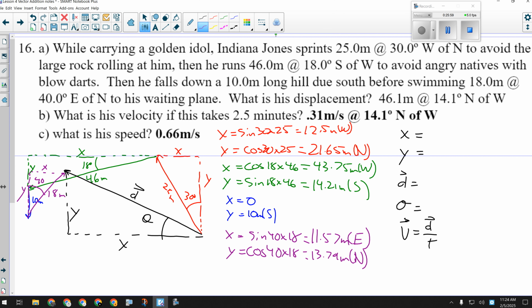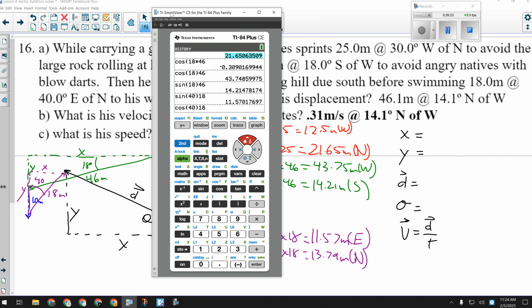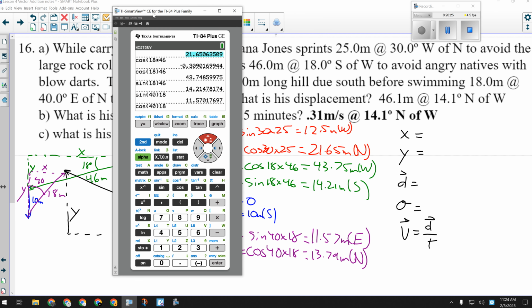So I've got to take all the x's in order to get black x. I'm going to have positive 12.5, positive 43.75, plus 0, plus negative 11.57. Those are the ones I've got to put together. Sorry, the 12.5, because I didn't actually punch that one into the calculator.